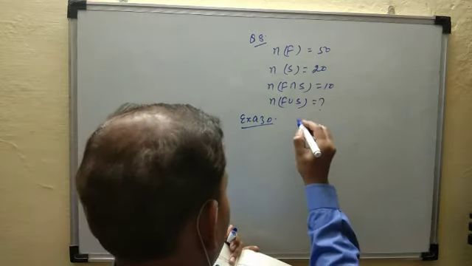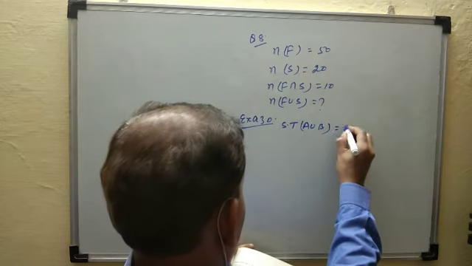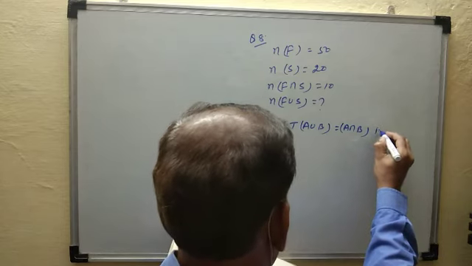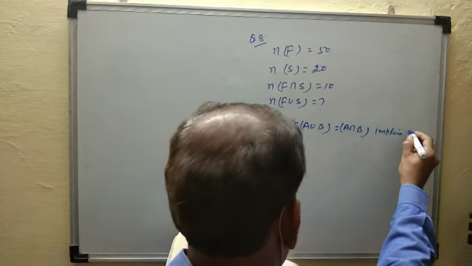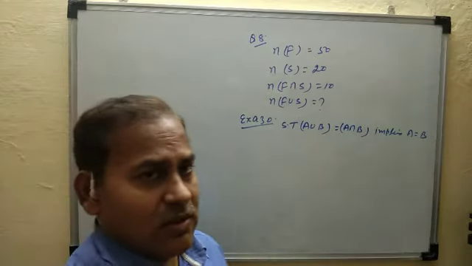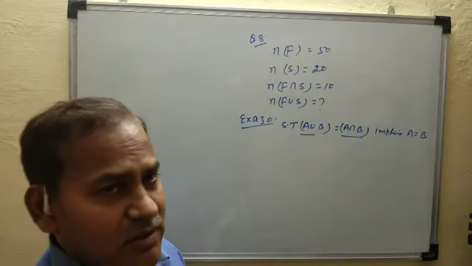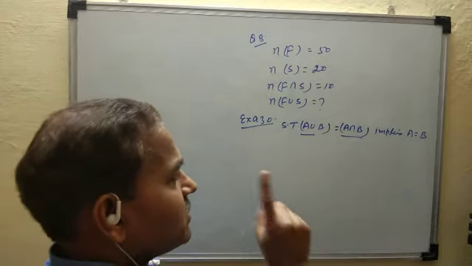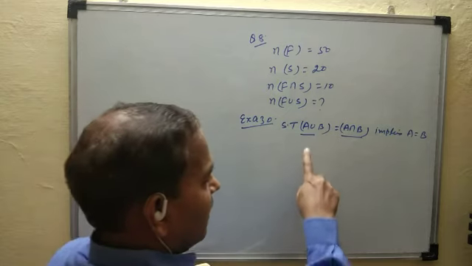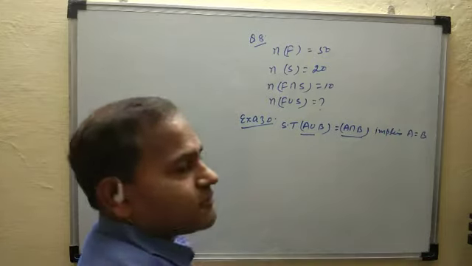Here show that A union B is equal to A intersection B implies A is equal to B. That is, it is given that A union B is equal to A intersection B, and if A union B is equal to A intersection B implies A is equal to B, means if it is given A union B is equal to A intersection B, then show that A is equal to B.